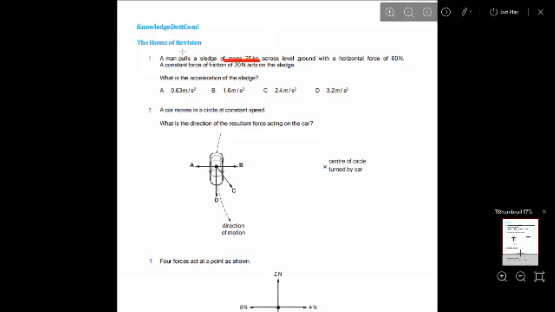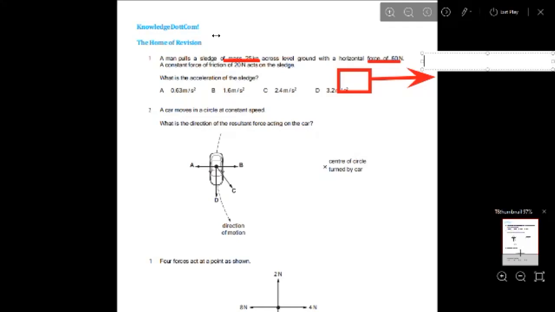Suppose we have a sledge like this and a man is pulling it, so we assume the sledge is pulled in this direction, and this horizontal force is given as 60 Newton. I'm going to put 60 over here. 60 Newton is working here.